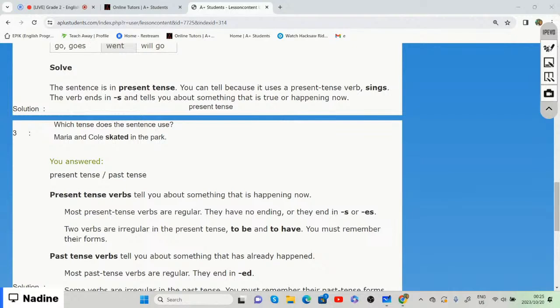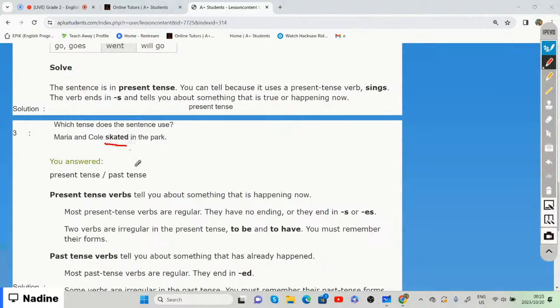So skated, is that in the present tense, the past tense, or the future tense? If we look at that word skated, we can say skated is in the past tense.